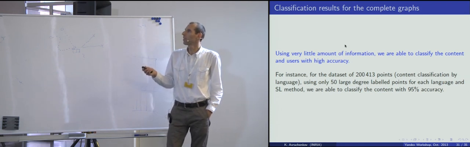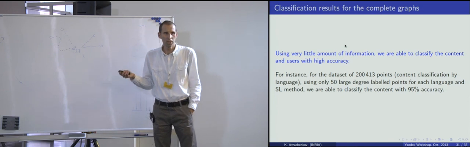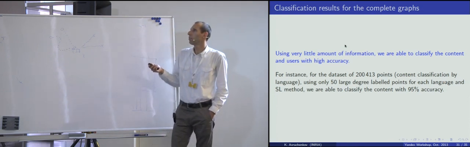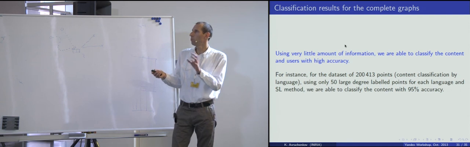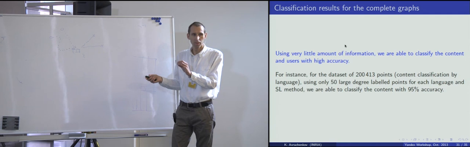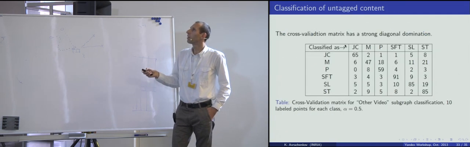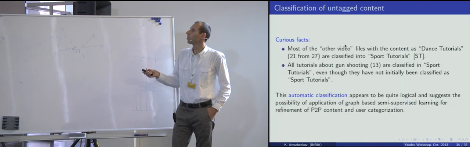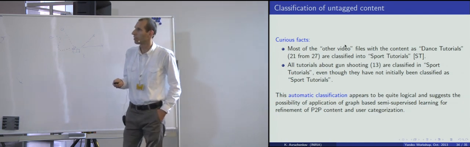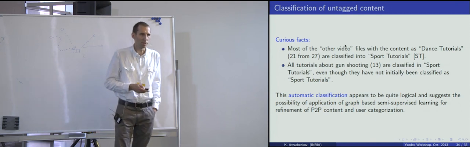For instance, for a data set of about 200 points corresponding to content classification, we chose just 50 labeled points for each language and obtained 95% accuracy. So it also works well for content classification. I stop here, and if you have any questions, I will be glad to answer.